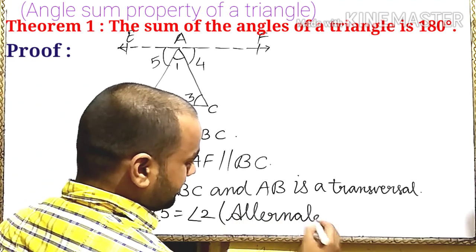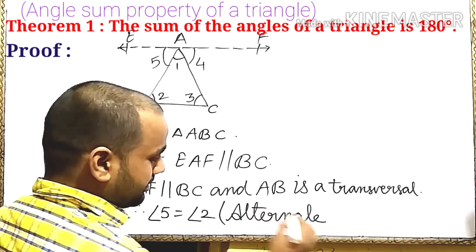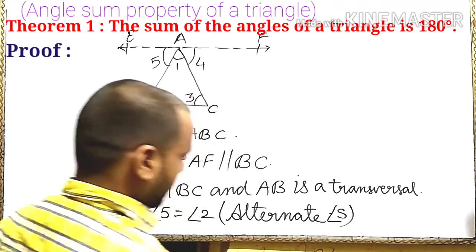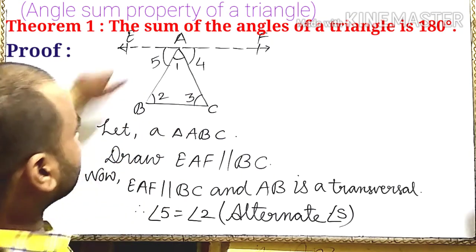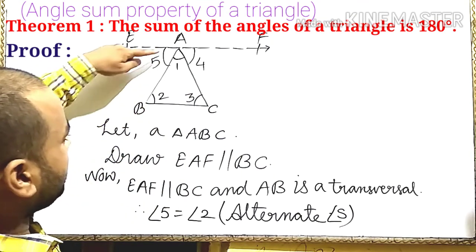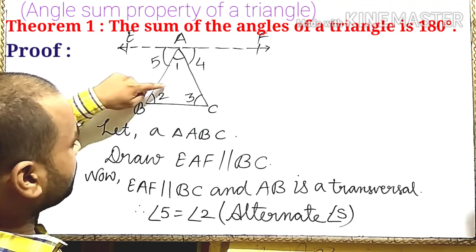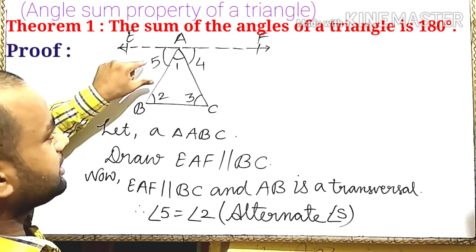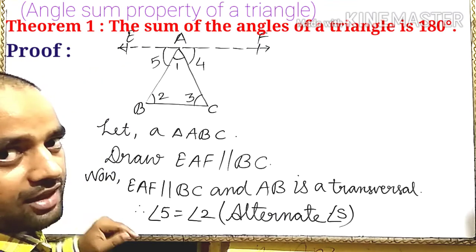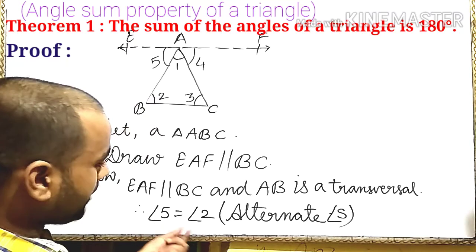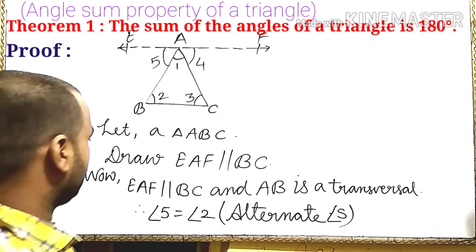We know that alternate angles are equal. In both lines, AB is a transversal, so we write angle 5 is equal to angle 2 because these angles are called alternate angles. The alternate angles are equal, so angle 5 is equal to angle 2.